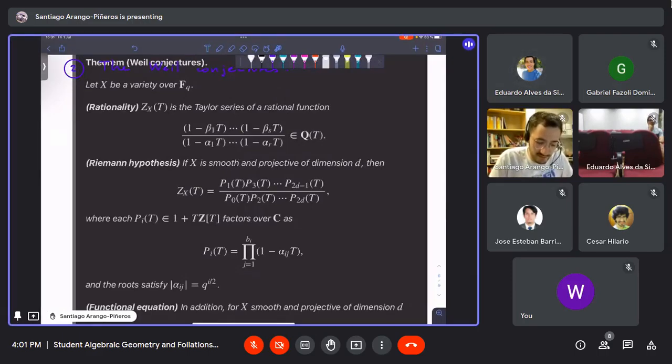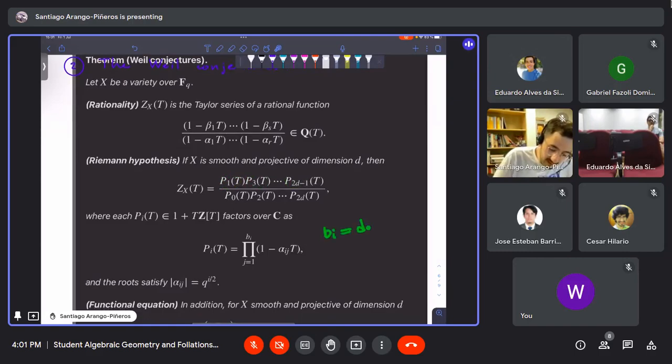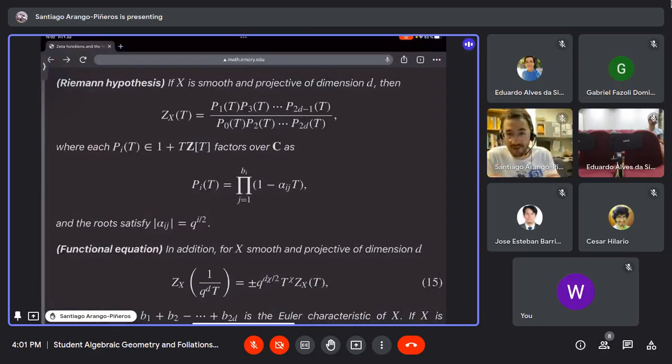What this part of the theorem tells us is that the zeta function is a rational function, and we're going to have certain polynomials. So b_i is the degree of the polynomial P_i appearing in this factorization. Okay, thank you. But yeah, you're kind of spoiling what I wanted to say next, which is there is actually some cohomology theory for which this b_i is a Betti number. It's a dimension, the rank of some cohomology group. Yeah, great question.